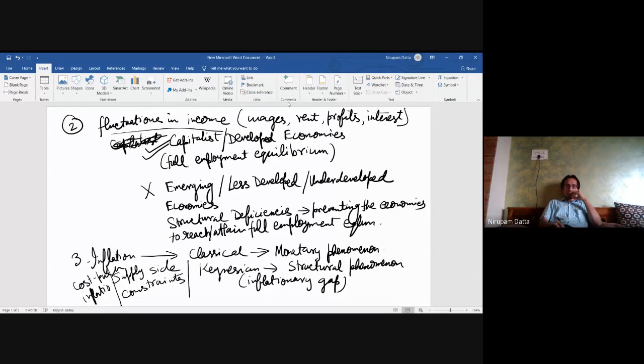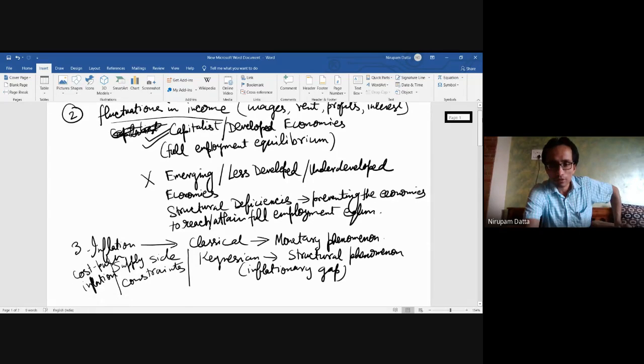Cost push inflation happens because of an increase in the price of any resource as a result of its shortage or scarcity. So when there is shortage or scarcity of any resource, that will lead to increase in price, which will also lead to increase in inflation, and that is what he is telling us, cost push inflation, even if there is no change in the money supply or any change in aggregate effective demand.